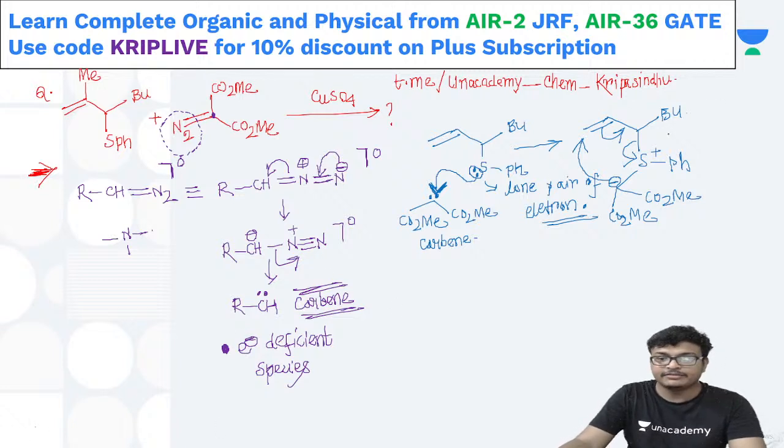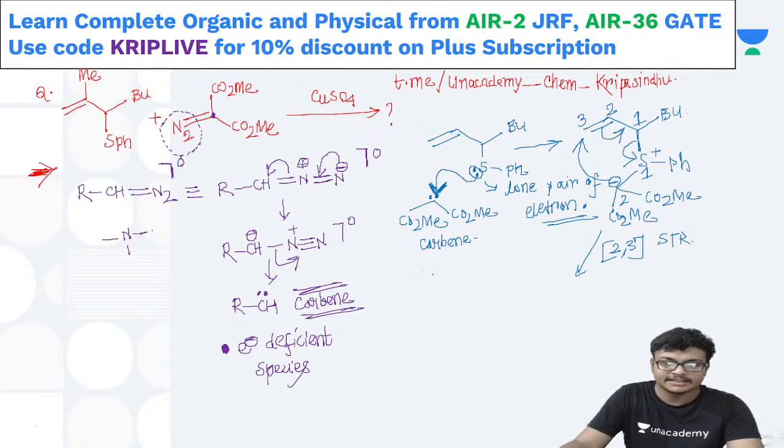So this is an example for which reaction? The bond which is broken is 1, and the new bond formation takes place at 2 and 3, which is why it is called a rearrangement reaction.